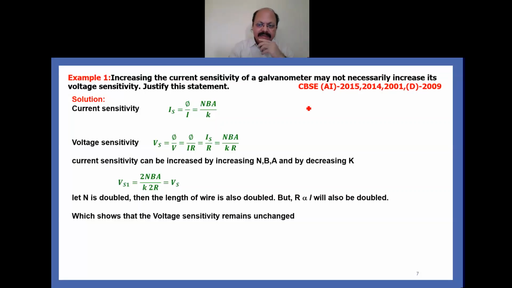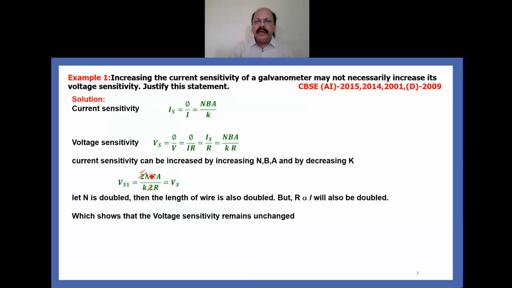You see that here Vs1 equals, we make the number of turns twice, so 2N, B, N, A kept constant, upon K times 2R. Resistance also becomes twice, so this 2 and this 2 get cancelled.